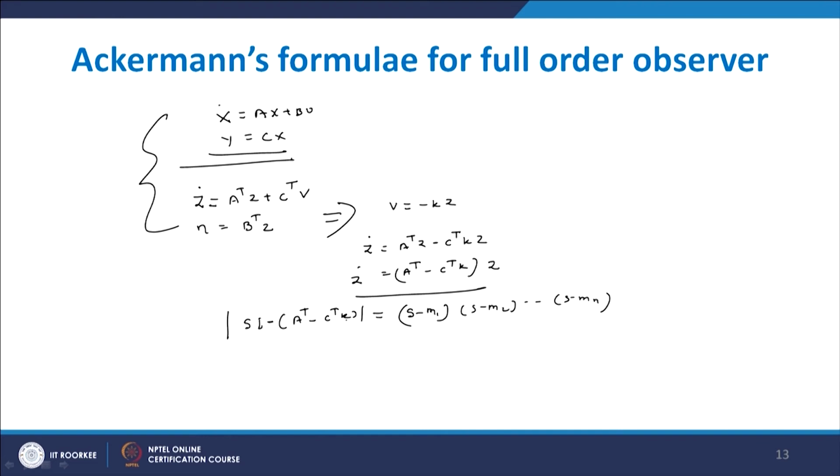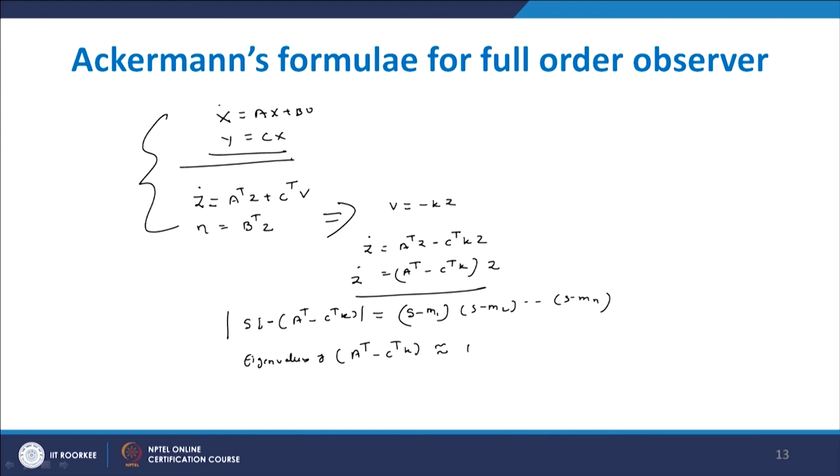Now, if you find the eigenvalues of A transpose minus C transpose K, it is the same as taking the transpose of this particular matrix. So what will we get?